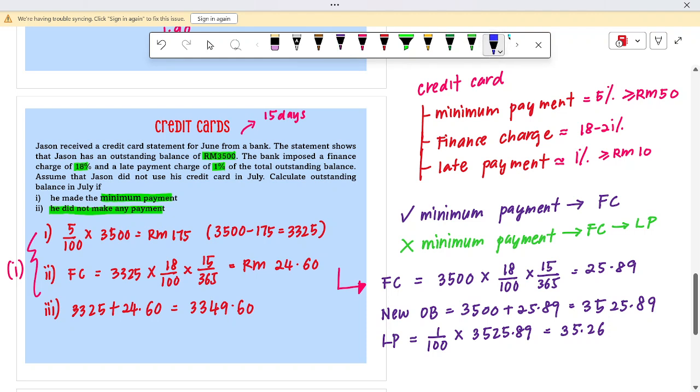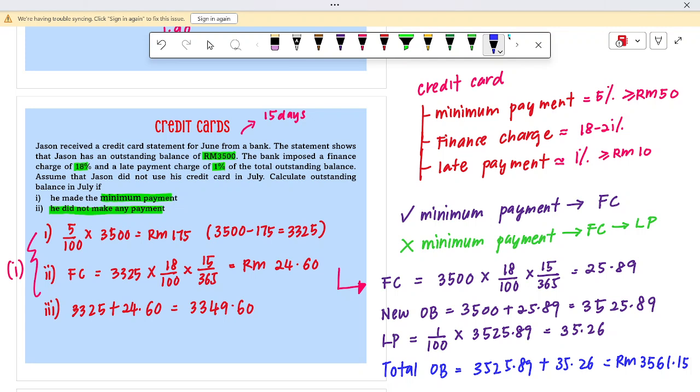So your total outstanding balance will be 3,525.89 plus your late payment charges 35.26, which is RM 3,561.15. So there's a difference between minimum payment made and minimum payment not made.